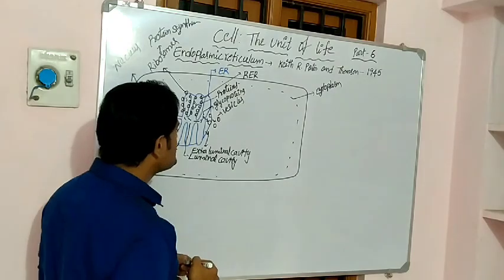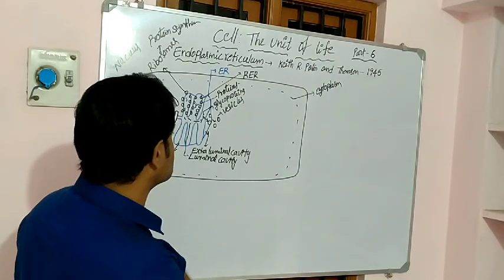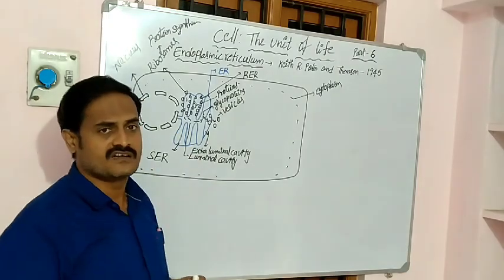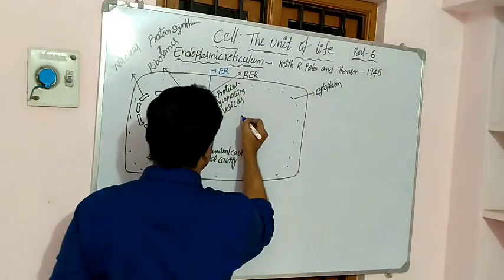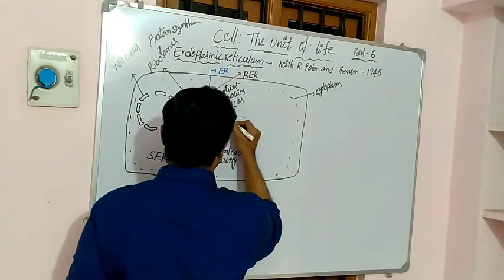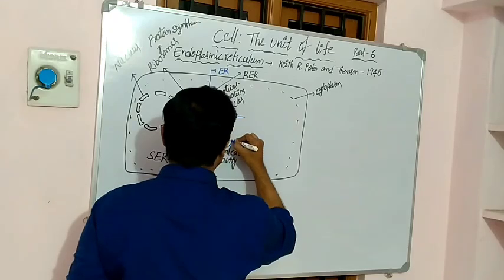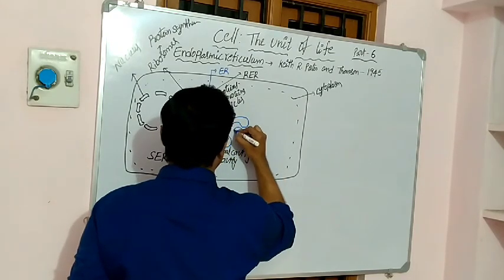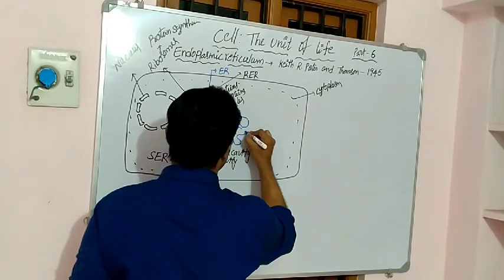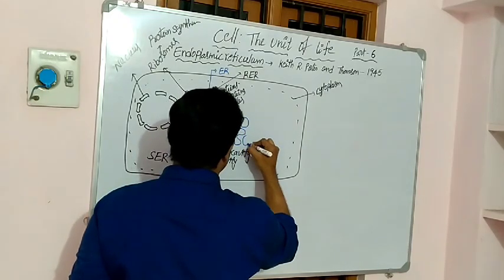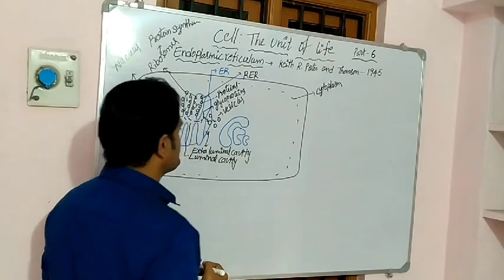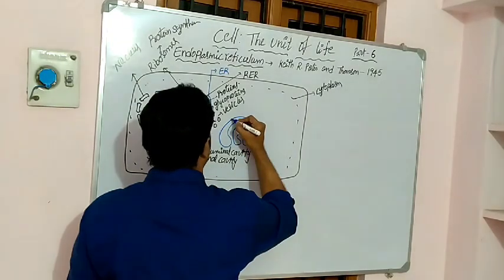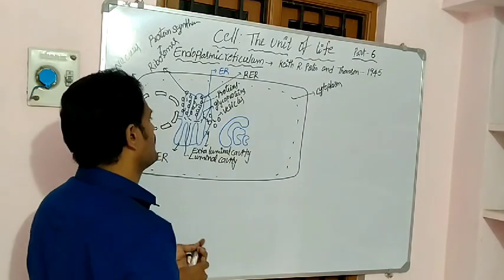Then these ball-like arrangements are transferred to one more cell organelle. What is that cell organelle? Like this arrangement, they are attached to one more cell organelle.